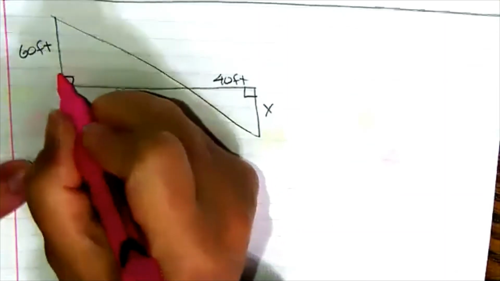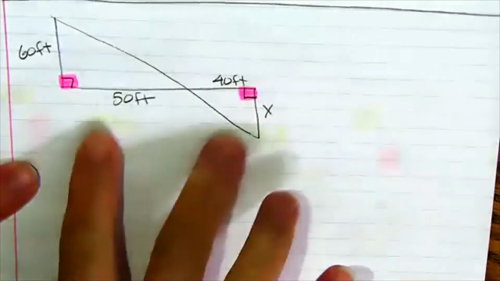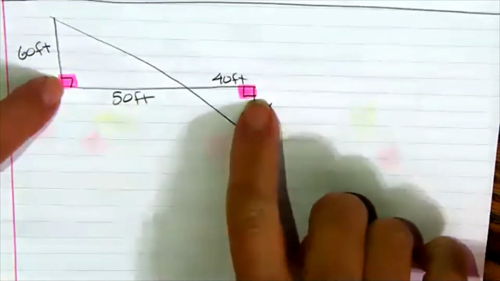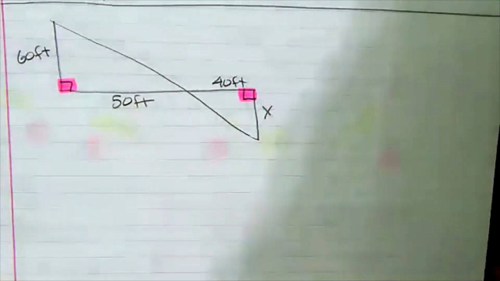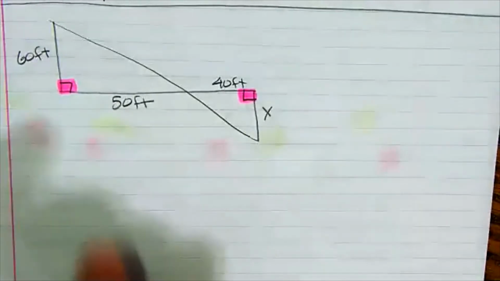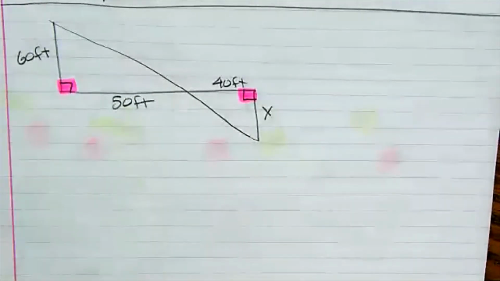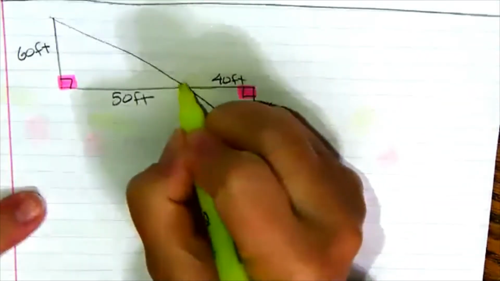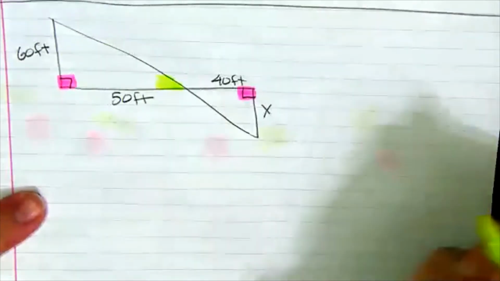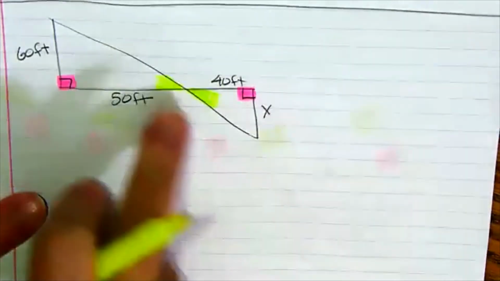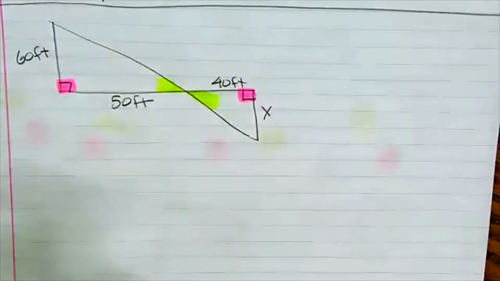Well, we have one pair of congruent angles. These are both right angles. They're both 90 degrees. And even though they have not given us angle measurements, I can use the rule of vertical angles. These two angles are vertical angles.